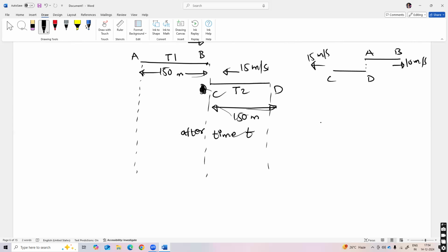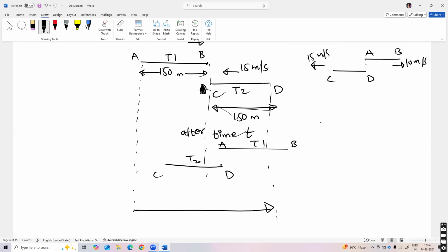This is the position of train AB or train T1, and this is the position of train CD or train T2. So this total length is 150 plus 150, which is 300 meters from the earlier information.